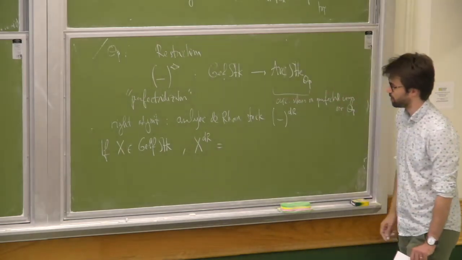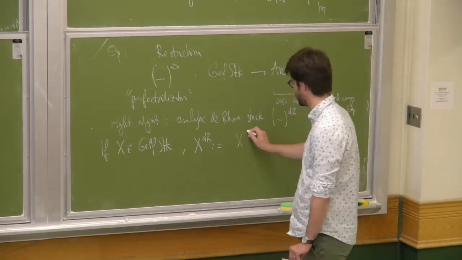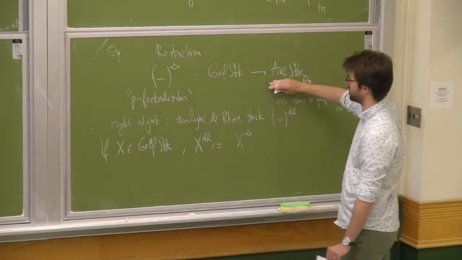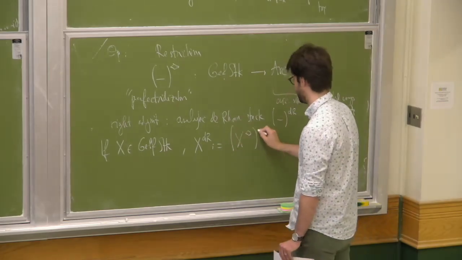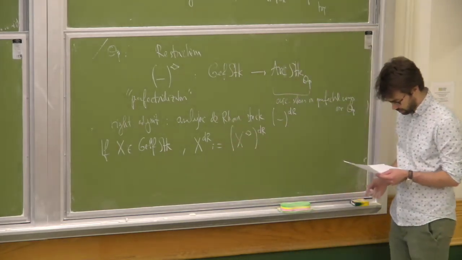So X de Rham is not a priori well defined, but the definition is this: I take the perfectoidization, so I have the Gelfand stack, I see it as an arc stack, and then I apply the de Rham stack. That's just convenient notation.